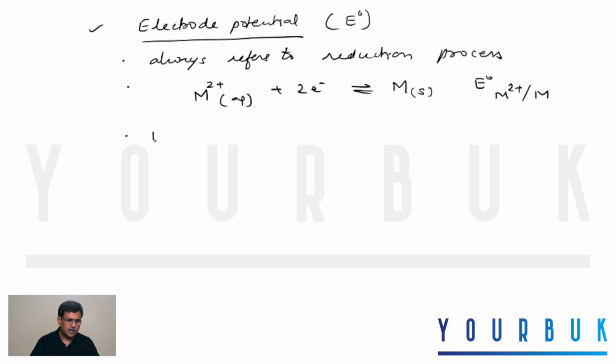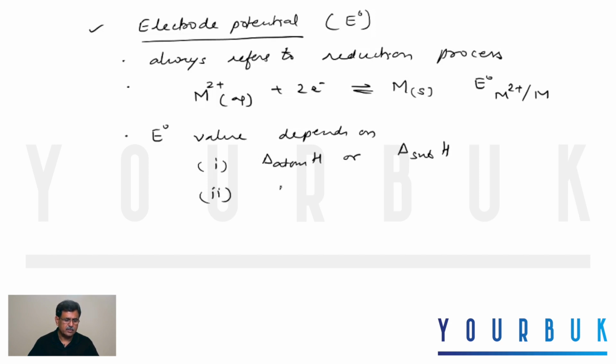And this E degree value depends on three factors. The first one is the enthalpy of atomization or enthalpy of sublimation. Second, it depends on the ionization enthalpy. And the third, it also depends on the enthalpy of hydration.